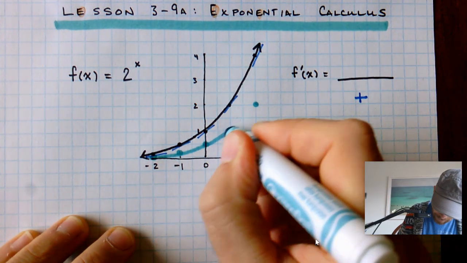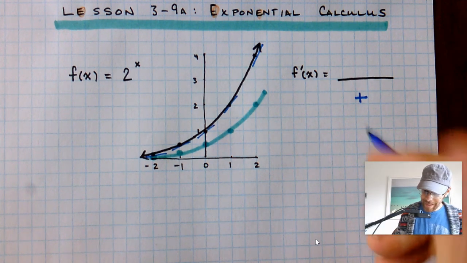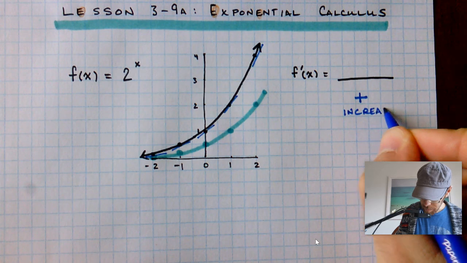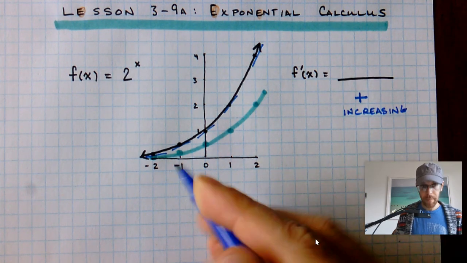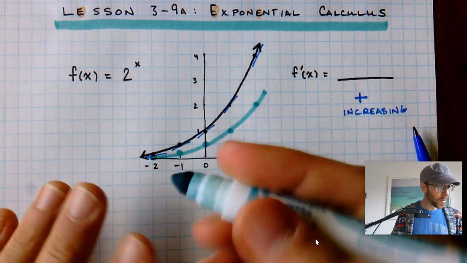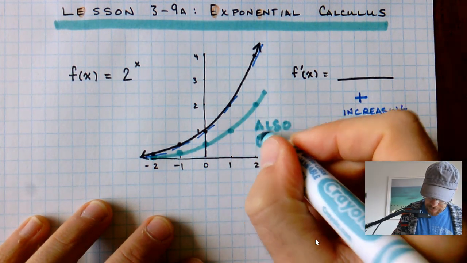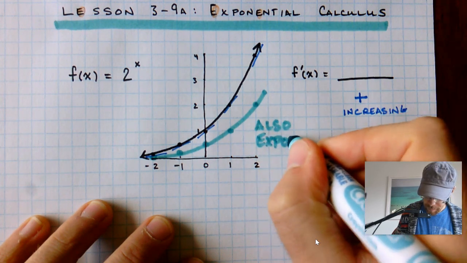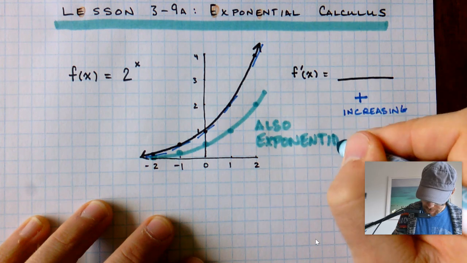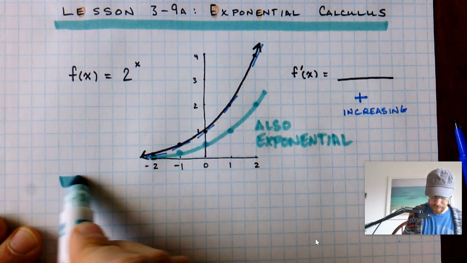So the graph that we're trying to cook up of the derivative function, it's going to be increasing. Why? Because the blue slopes are increasing. And also, what does it look like? It looks like another exponential function.